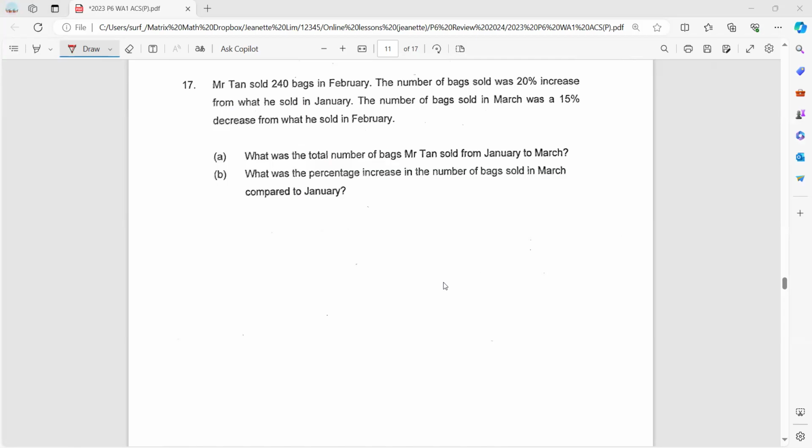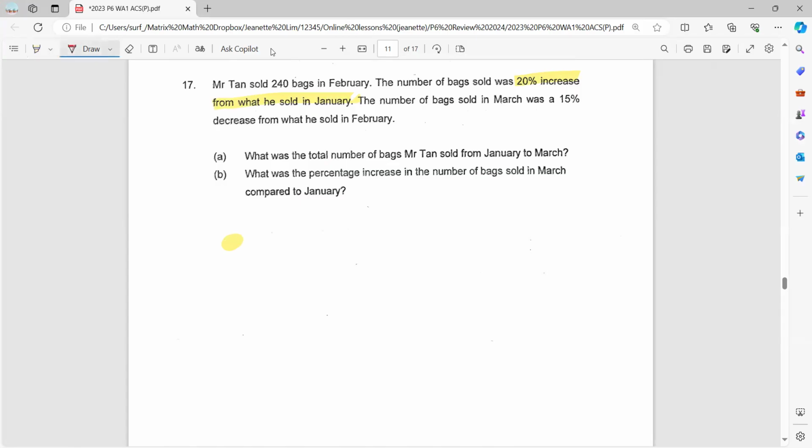So first, let's break the question into 2 parts. We're going to highlight the first part, which is comparing February with January. See, there's a 20% increase from what he sold in January.